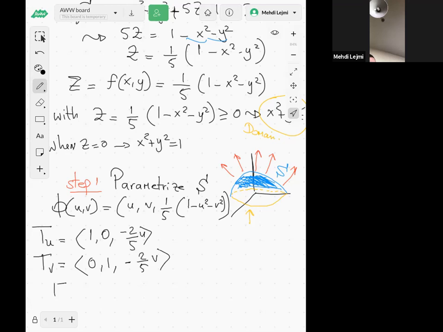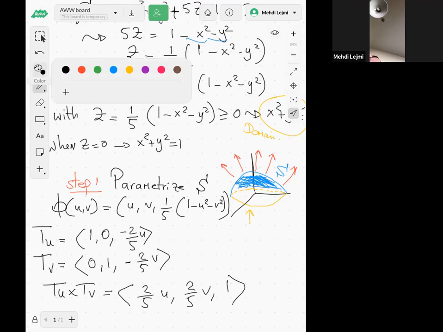All right, so if you do T_u cross T_v, that would be 2/5 u, 2/5 v, and then 1. So you see here upward normal. In some sense, it means that this k component is non-negative, because in the z direction it's positive 1, which means that we have to go up.